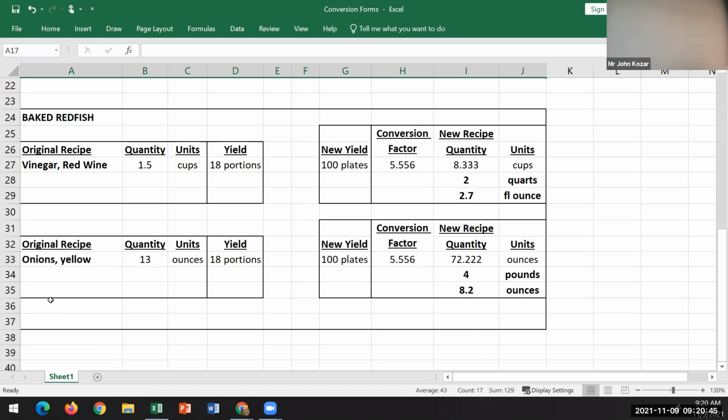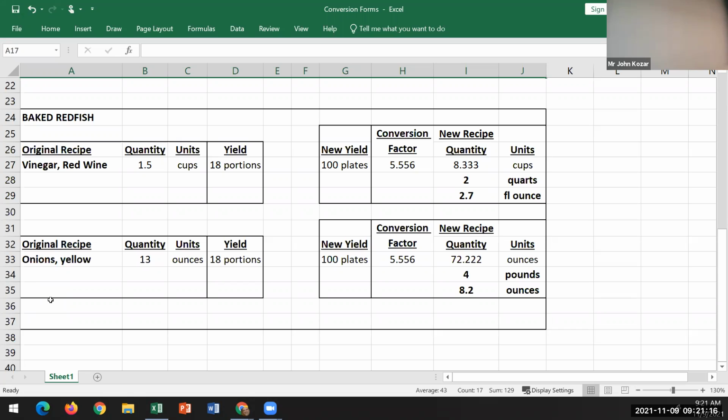And these are actually on the handout that you have for the redfish, or whatever that recipe is, baked redfish. Okay. So first one is red wine vinegar. And the recipe calls for 1.5 cups, and it yields 18 portions. Okay, now again, we're going to try and figure out how much do we need if we want to make 100 portions.